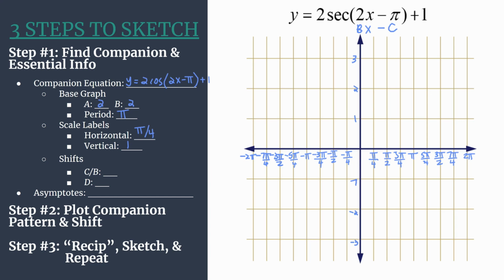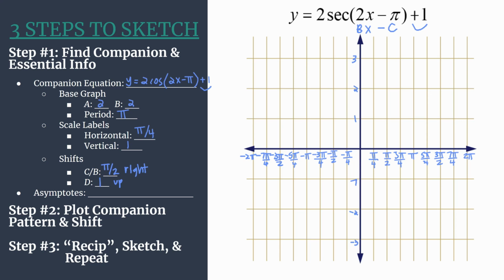Okay, so c is pi. We know b already is 2, so our phase shift will be a value of pi over 2. And if you want to make a note that that's movement to the right, go ahead and do that. All right, then D is our vertical shift. So we see this +1 at the end, looking at whichever one you want. And we know that we will be shifting vertically up 1.